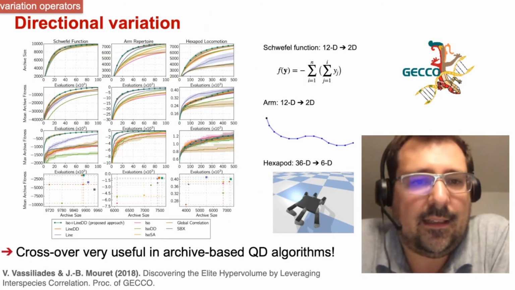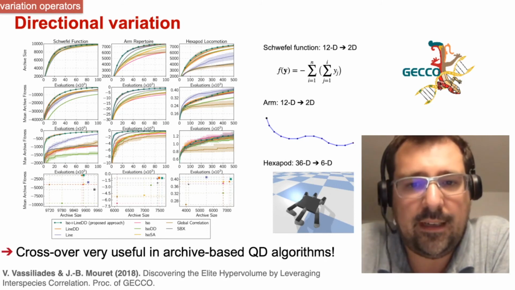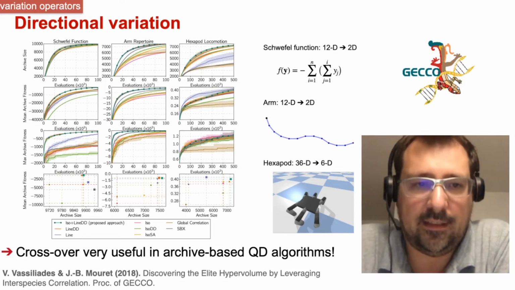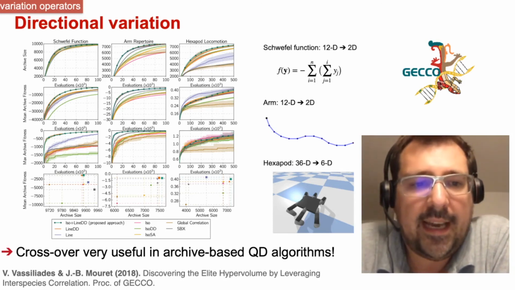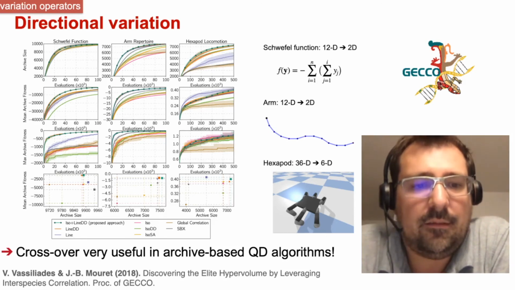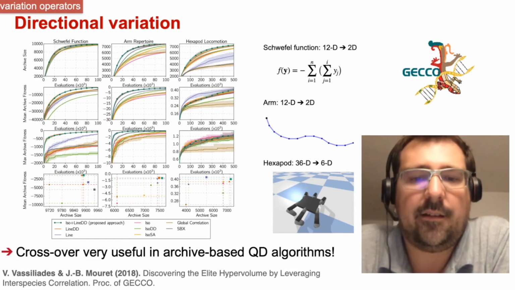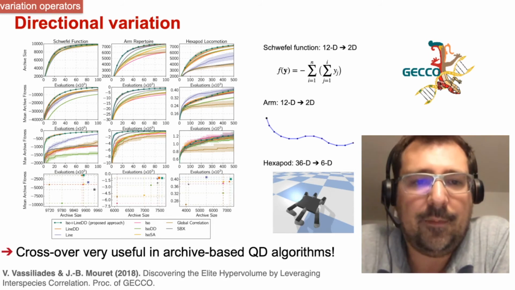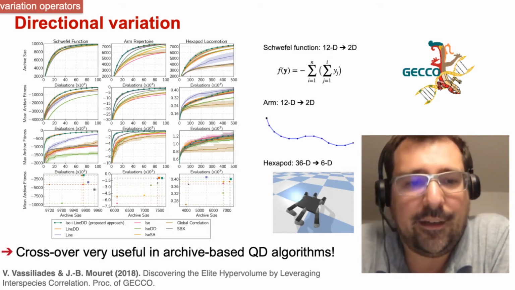We tested this on several benchmark problems, like the arm that I showed before, but more high-dimensional, six-leg locomotion in robots, and the Schwefel function, which has obvious regularities, so we know the hypervolume. And the surprising conclusion is that crossover in general is very useful in these archive-based quality diversity algorithms, much more useful than what we thought at the beginning, and most probably more useful than in classic genetic or evolutionary algorithms.